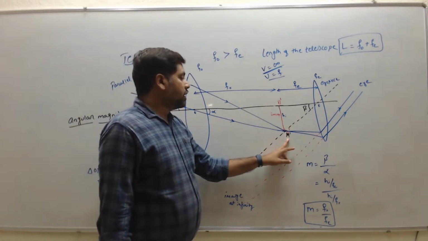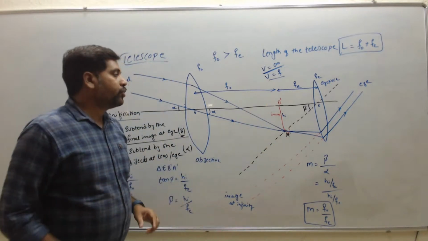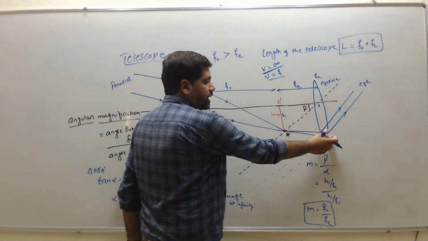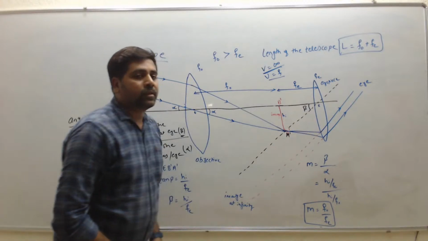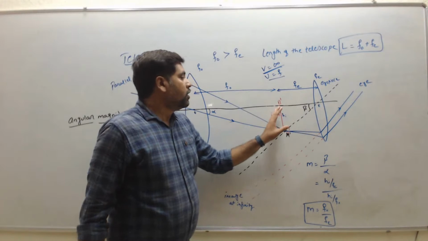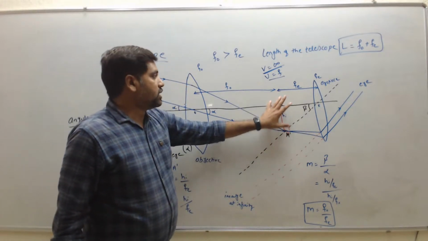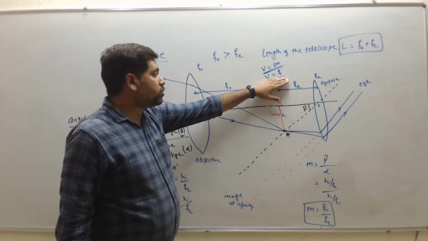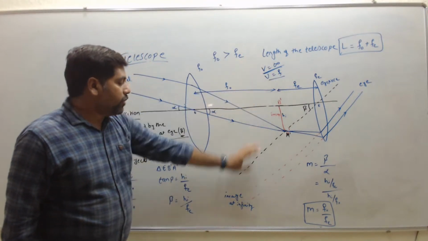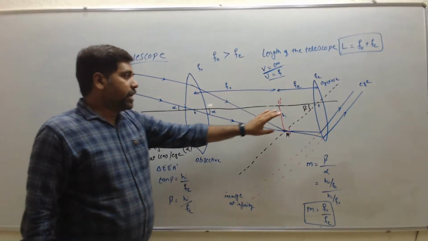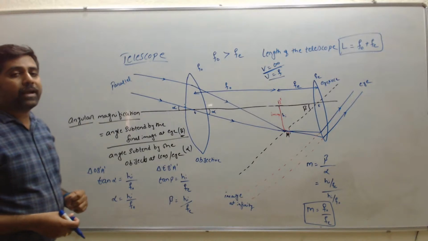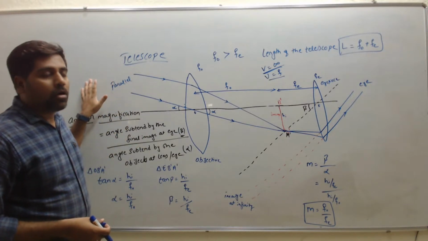That image we take as A dash B dash. This image acts as a virtual object for the second lens, the eyepiece. The eyepiece can be adjusted so that this object is placed at the focus. If the object is at the focus, then the image is formed at infinity. When the image is formed at infinity, we get a clear, magnified image of the object.